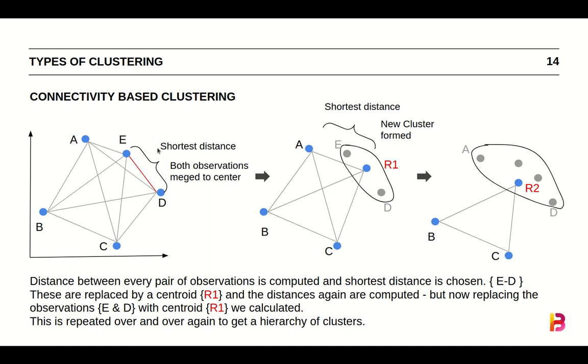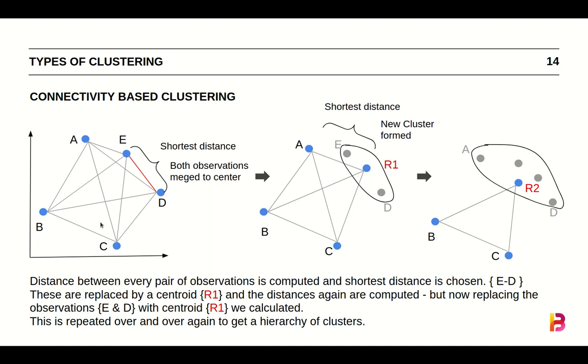We club E and D as one cluster. And instead of having 2 points, we remove these 2 points and represent this cluster by one single point, which might be midway between E and D. So let's call that point R1 for now. So this becomes our first cluster, and instead of having 2 separate points, we represent it by 1. And then we repeat the same exercise again.